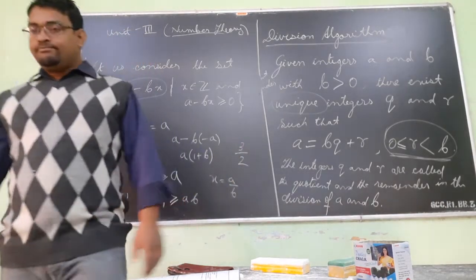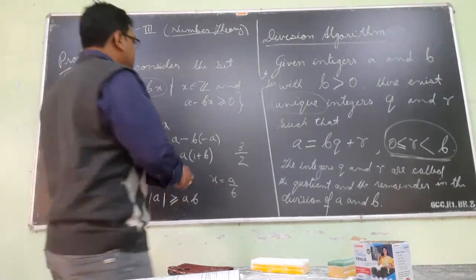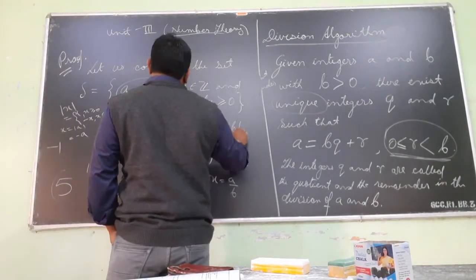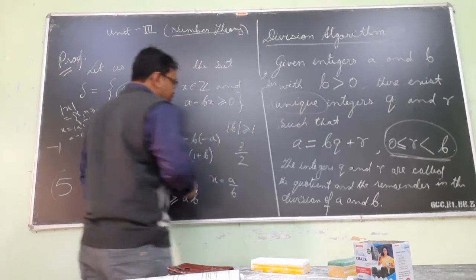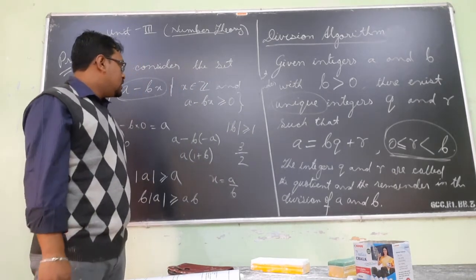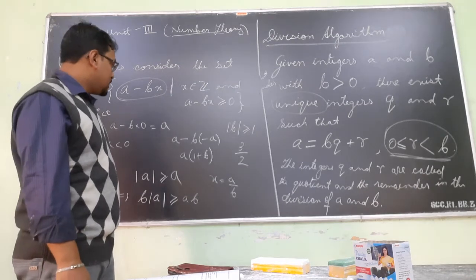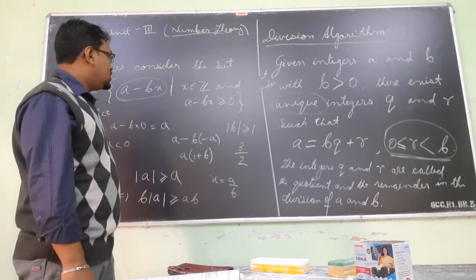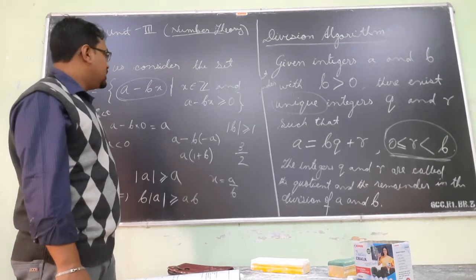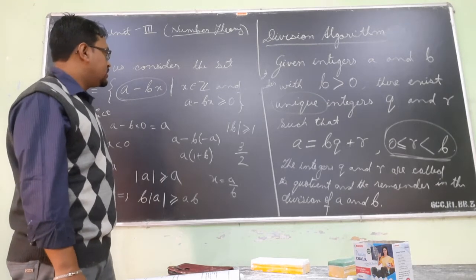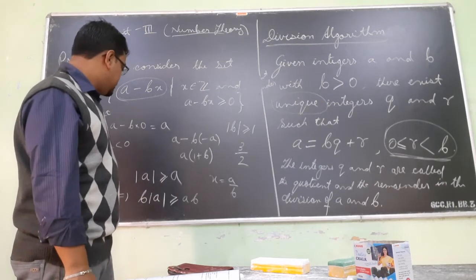So try to see something else. Mod of B is also greater than or equal to 1 because B is a positive integer. That is also correct. A into mod B is also greater than or equal to A.